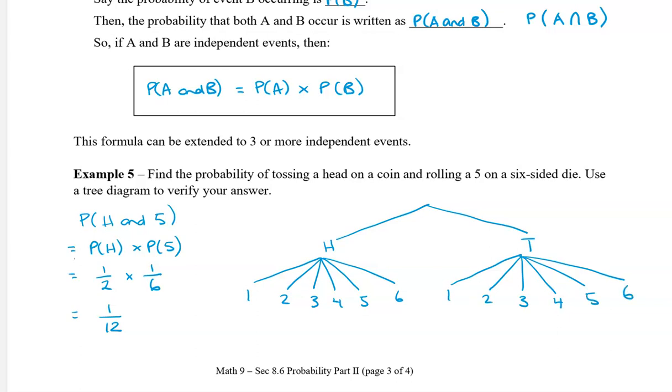And we see that we want a head on a coin and a 5. Only one of these branches, this one here, gives us what we're looking for. So that's one possibility out of 12 altogether. So that will be 1/12. So the tree also shows you how we can get the answer. But of course, we don't want to draw the tree all the time, and that's why we have a formula.